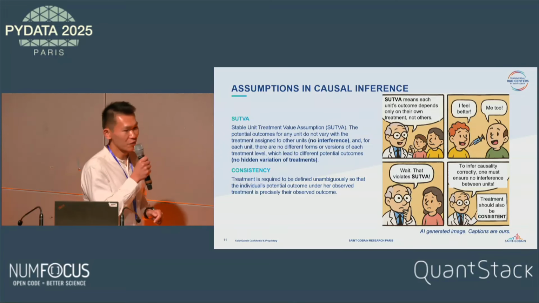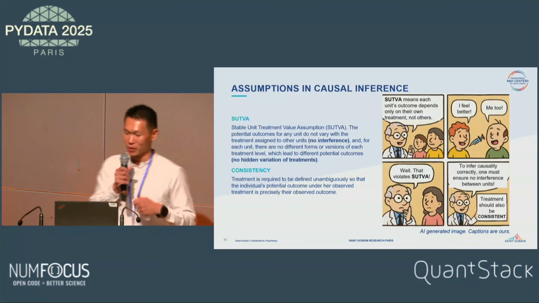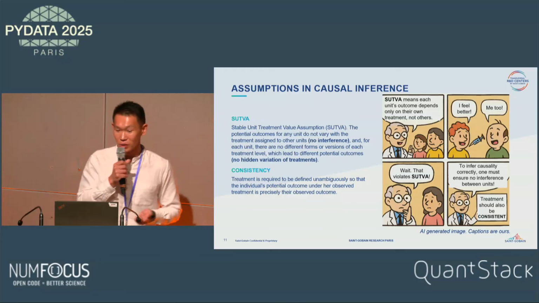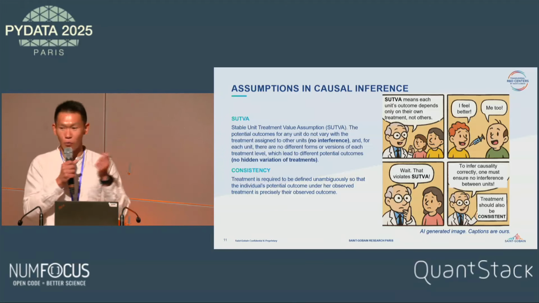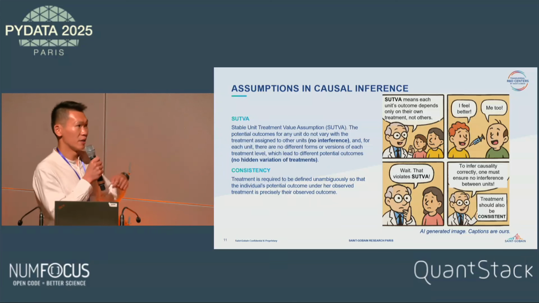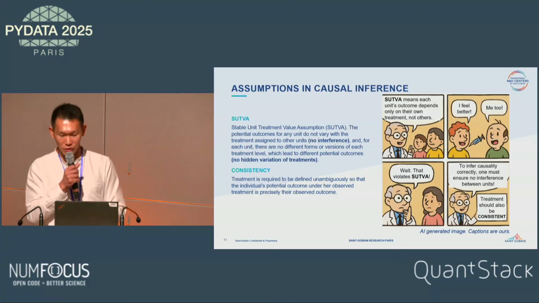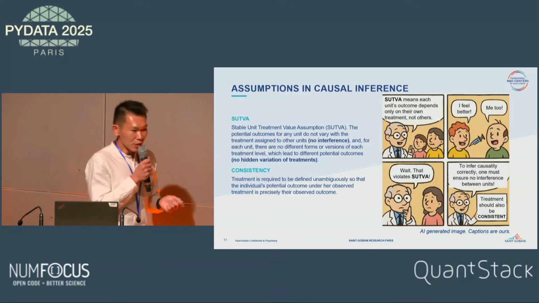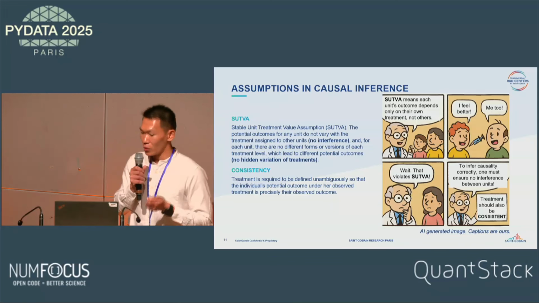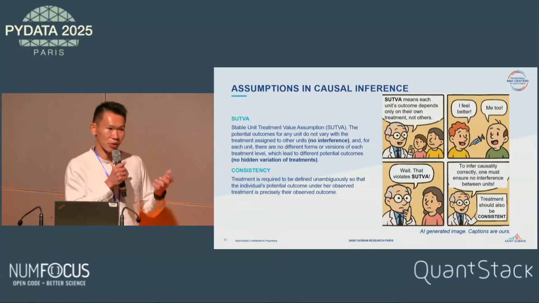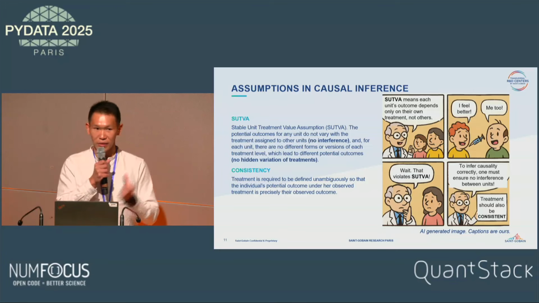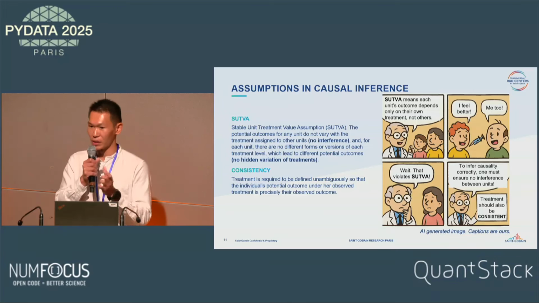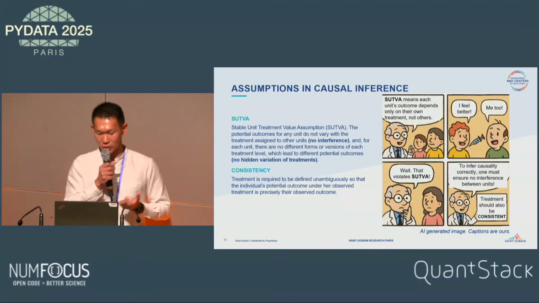And of course, causal inference does not come freely. It comes with some assumptions. The first one is SUTVA. SUTVA states that the potential outcomes of one unit or one individual should not be influenced by the treatment assigned to another unit. And this assigned treatment should also be consistent, meaning that, for instance, if your treatment is a dosage of a drug, then this dosage should be the same for all the individuals.